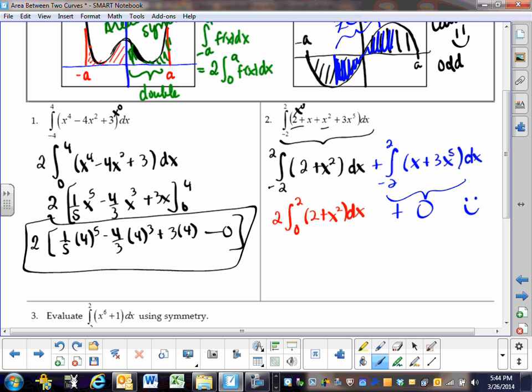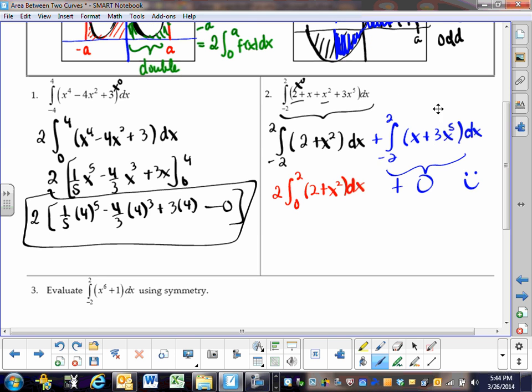I don't even have to do that part at all. So I never raise anything to the 6th power and have to find common denominators. None of that's necessary. So I'm going to double the integral, which is 2x plus 1/3 x cubed from 0 to 2. On a free response, I would simply substitute in, get 4 plus 8/3 minus 0, and be done.